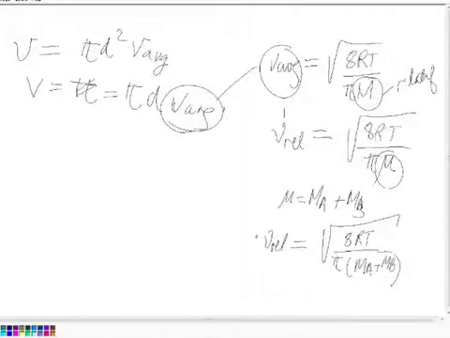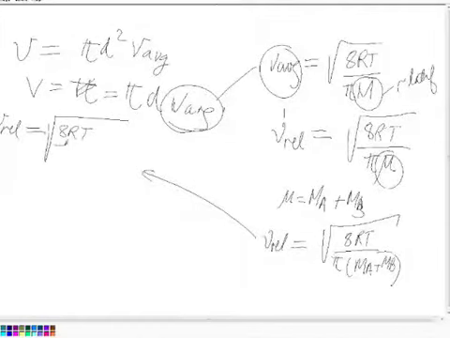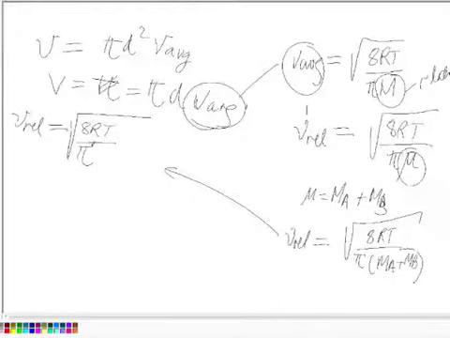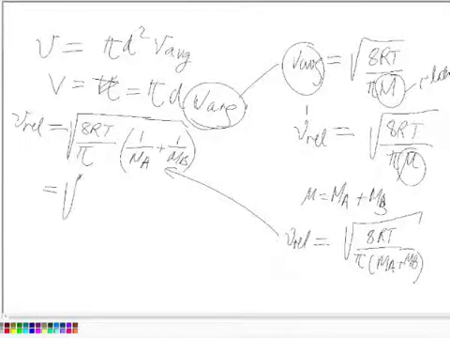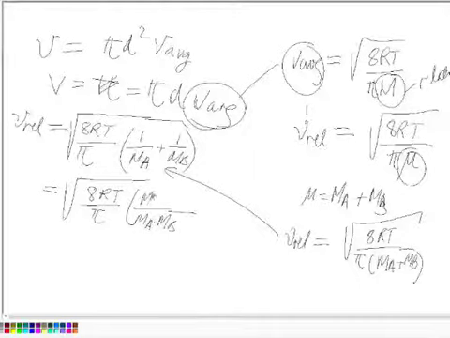So v relative is equal to the square root of RT per pi times 1 per MA plus 1 per MB.